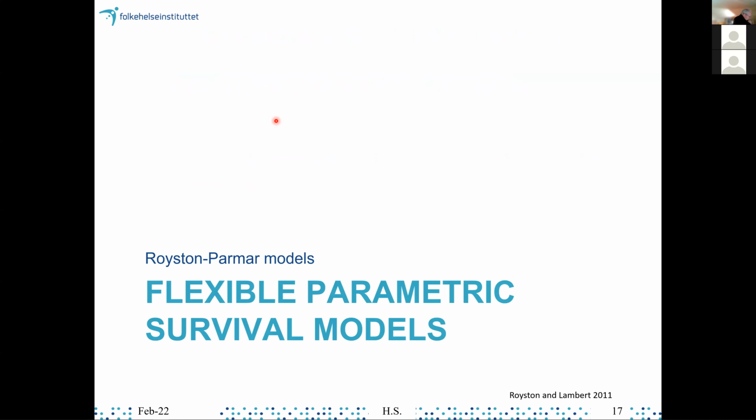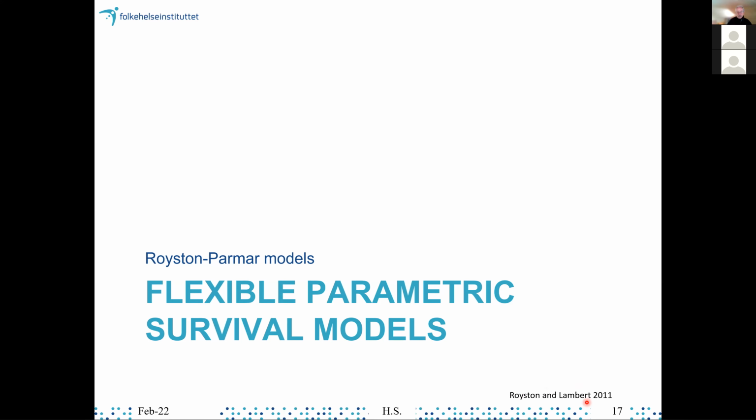So an alternative to this is then to use flexible parametric survival models. And this is a fairly recent invention. This came in the book by Royston and Lambert in 2011. So fairly recent.